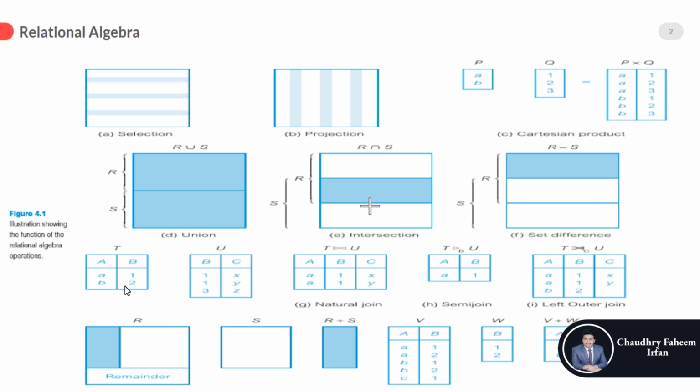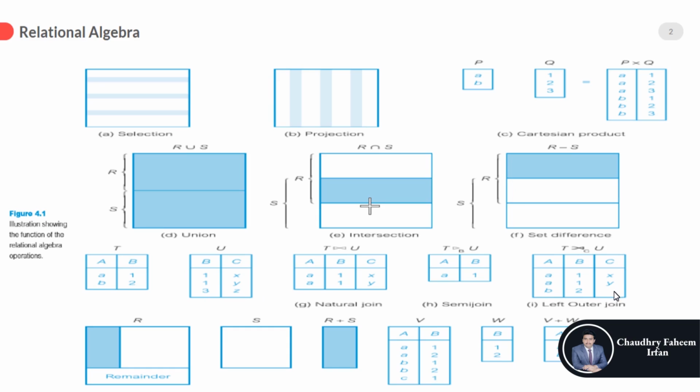So B is selected and with B value 2, and because there is no combination, like 2 does not exist in U, so the result in the C column will be null.